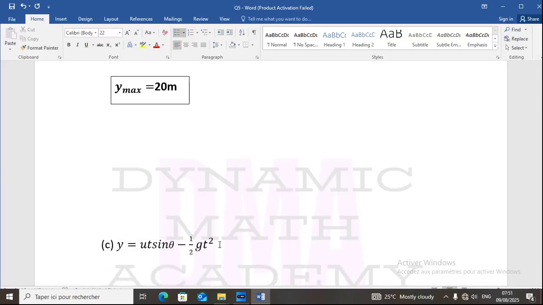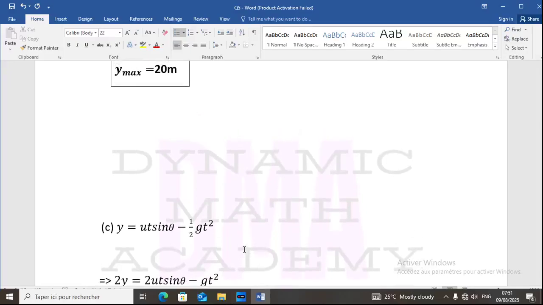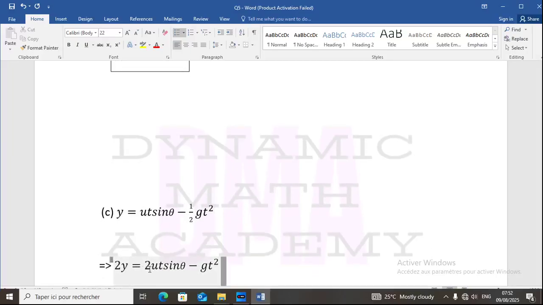This is first of all method one to solve this, I mean to get the answer. If y is equal to u t sine theta minus half g t squared, and we multiply all through by 2, we are going to have 2y equal to 2u t sine theta minus g t squared. I hope it's okay if you multiply this equation by 2.